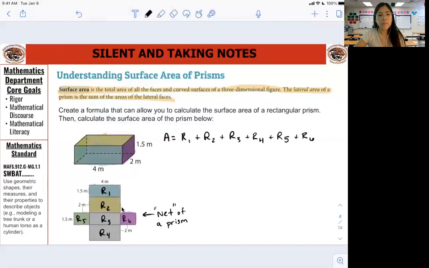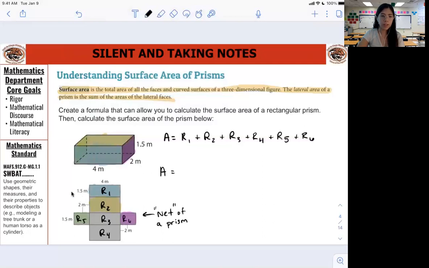But a lot of these have things in common. For example, R1, what would be the area of R1? How would I find that? Good, 4 times 1.5, because it's length times width.